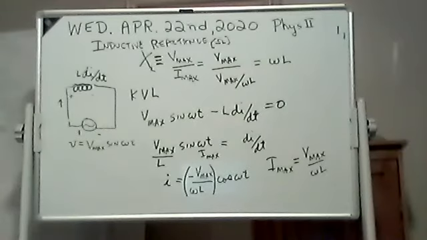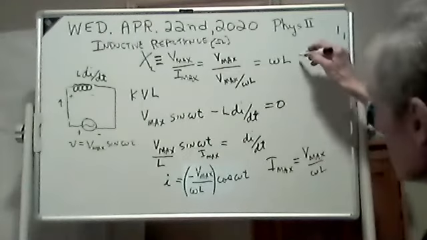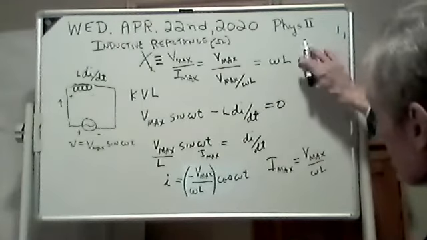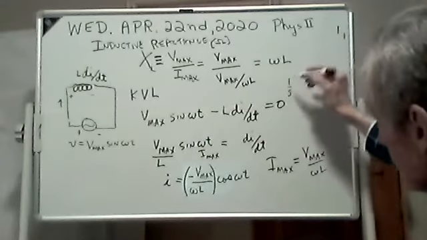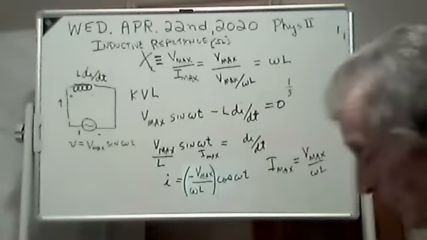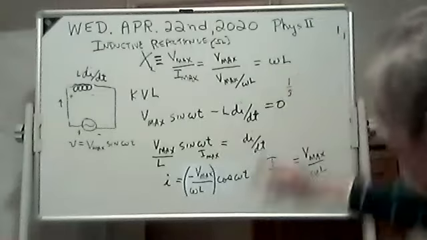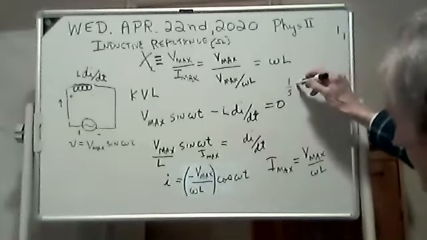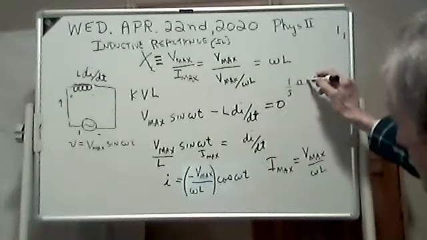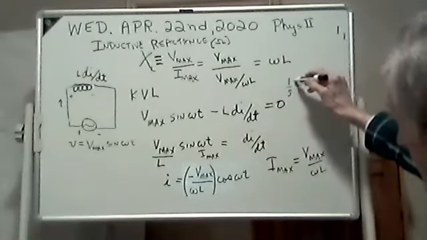And again, we can look at the units. That would be fun. See, omega is 1 over seconds. It's really radians per second, but radians are dimensionless. And L is in henries, but henries are in ohm seconds, ohms times seconds.